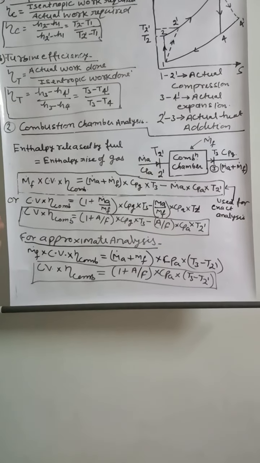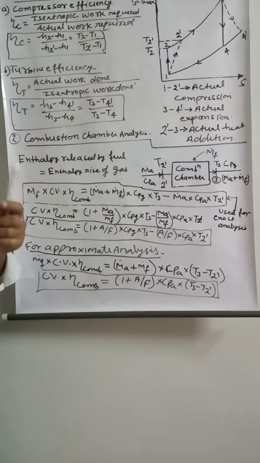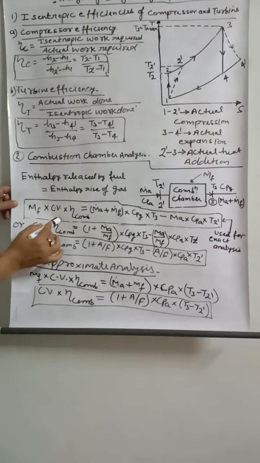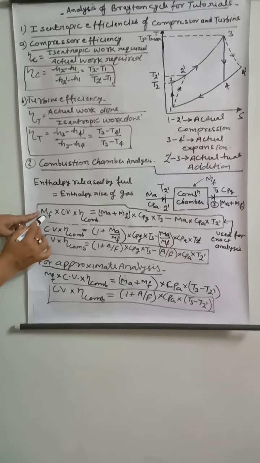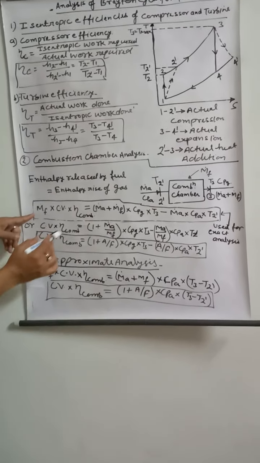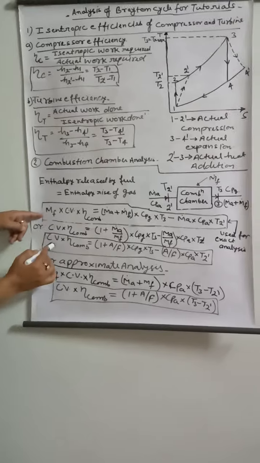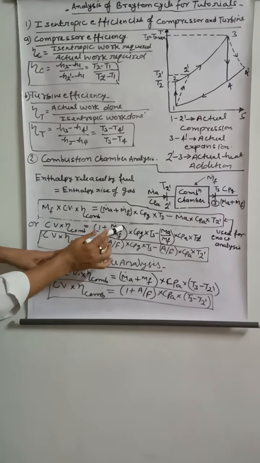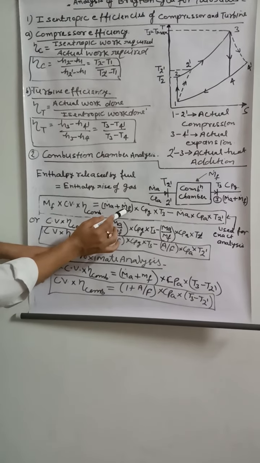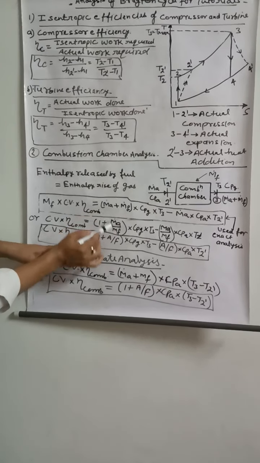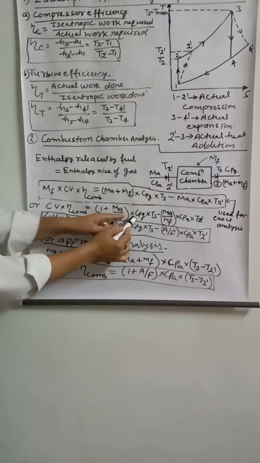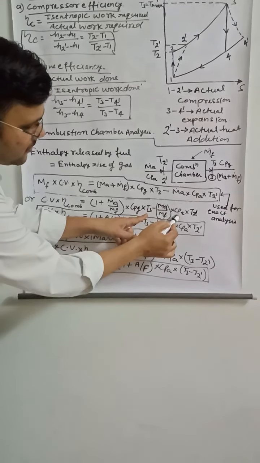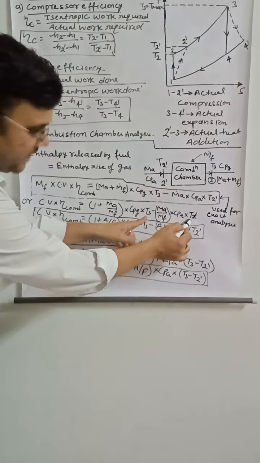Now sometimes numericals are given in terms of air fuel ratio. So we can divide both sides by Mf, the mass flow rate of fuel. So this is CV into efficiency of combustion, plus here what will be Ma upon Mf. Mf and Mf cancel, 1 plus Ma upon Mf into Cpg T3, minus again Ma upon Mf Cpa into T2 dash, right?